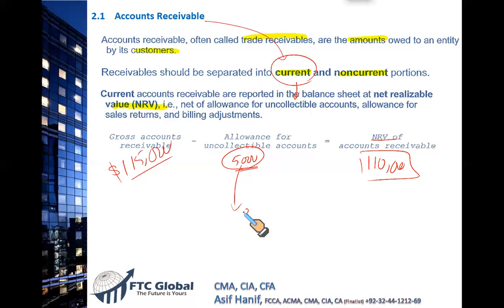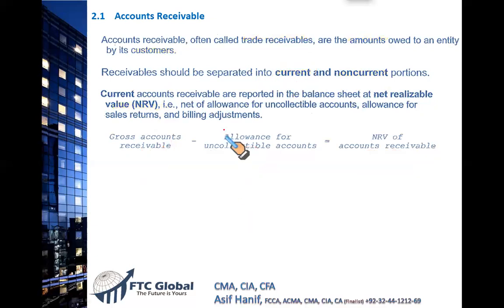The idea to define the current asset, I hope you remember from our previous lecture from unit 1. How do we define a current asset? Current assets are those assets which are converted into cash within 1 year or operating cycle, whichever is longer.